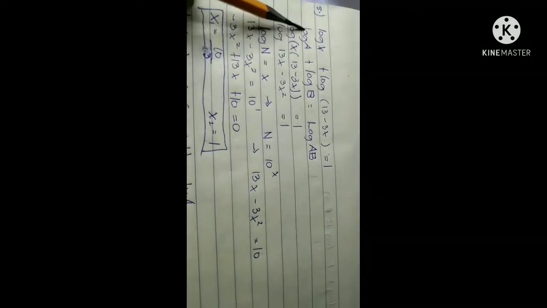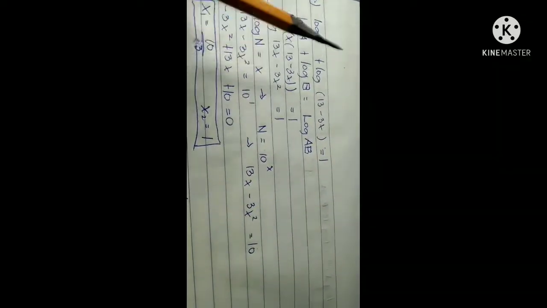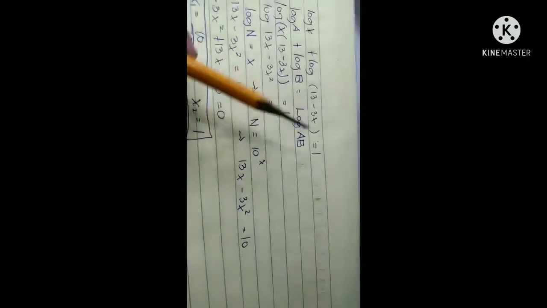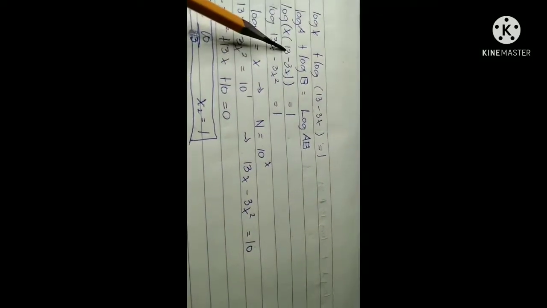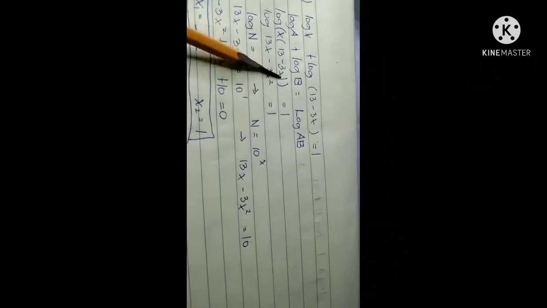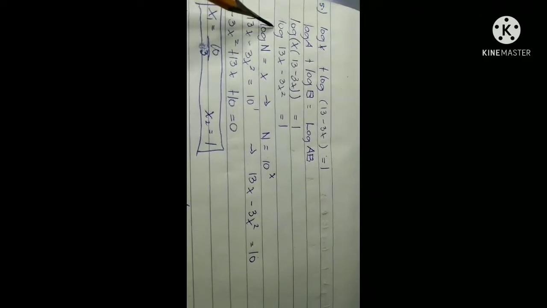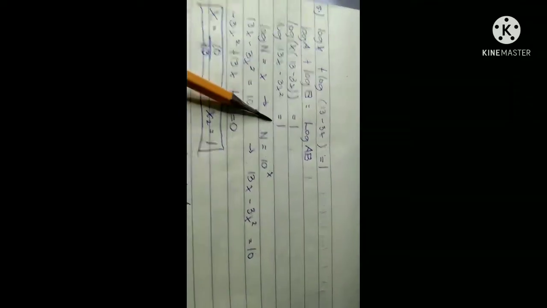To combine them, we use this equation: log a plus log b is equal to log ab. So log of x times the quantity 13 minus 3x is equal to 1. Then if we simplify, we have log of 13x minus 3x squared equals 1.